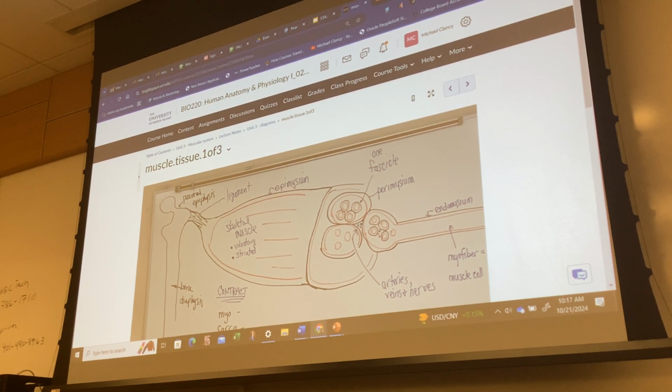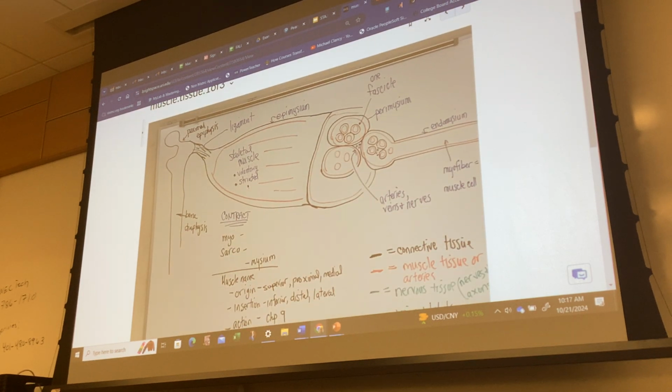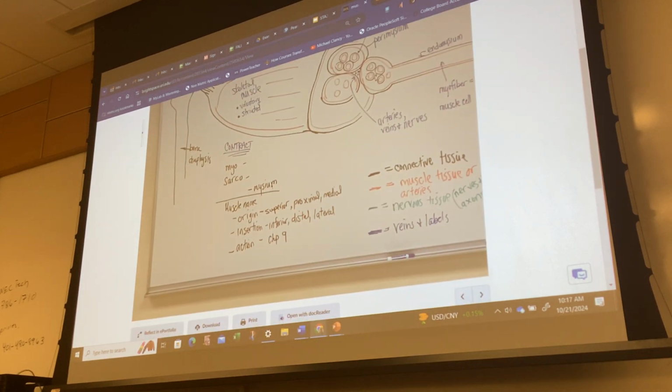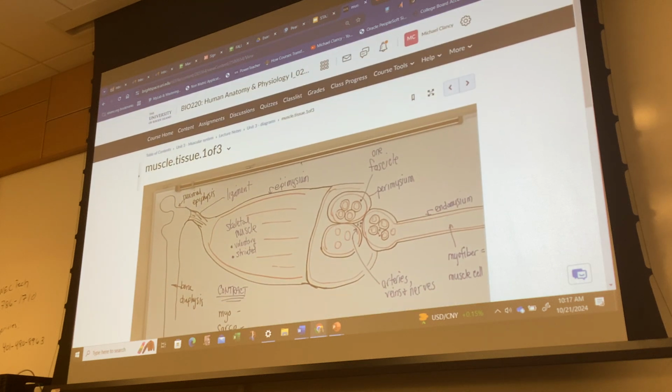I said that this is a ligament, and I have to take that out because that's a tendon. I looked at that this weekend and thought, wait a minute, that's wrong. So here is a different view of that, but it's the same information. My drawings today will be right here, okay?